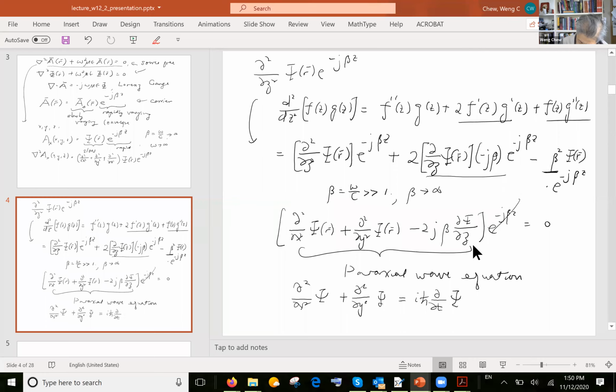Okay, so this is the Schrodinger wave equation, where you replace z with time. Okay, so you replace z with time in the paraxial wave equation, you get the Schrodinger wave equation.